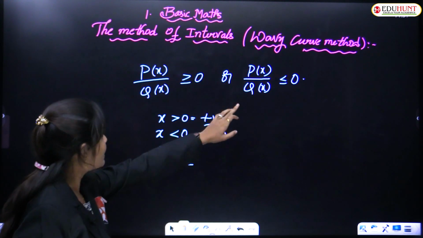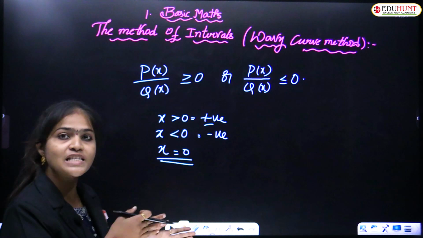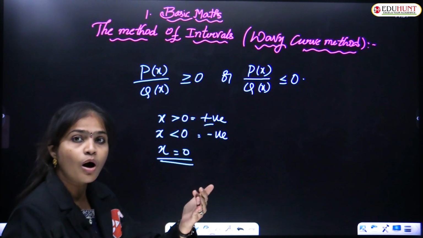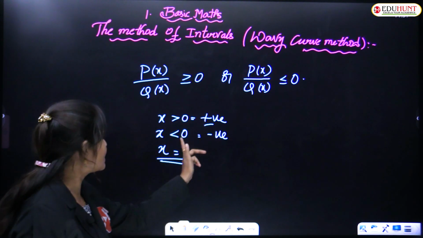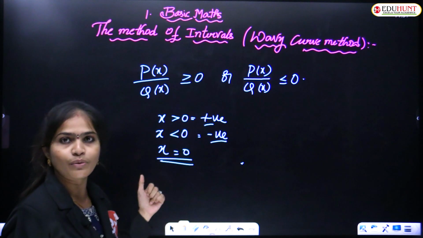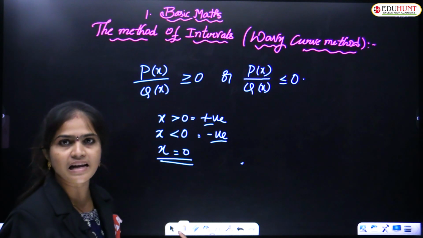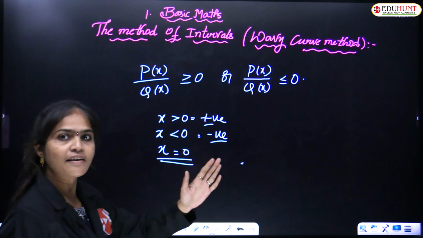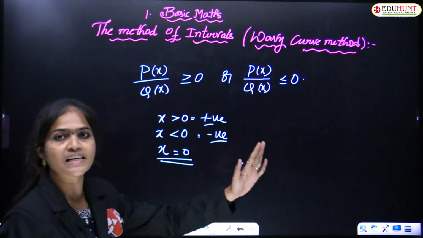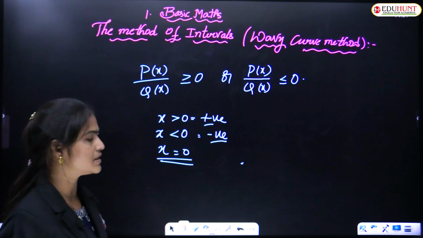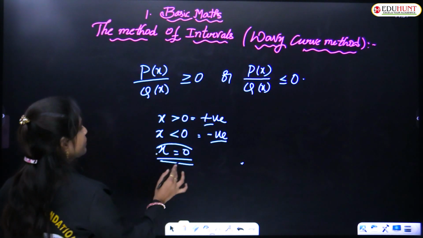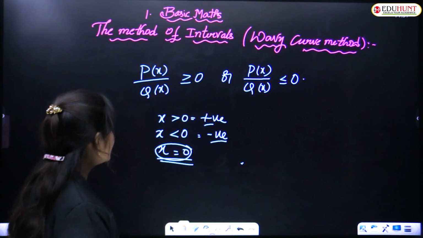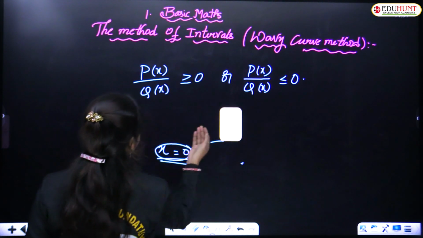And x less than or equal to 0 means x may be equal to 0 or less than 0, which means negative values. Already we learned in previous classes, right? On the number line, left side of 0 are all the negative values, right side of 0 all the positive values. Okay, so these are the conditions.